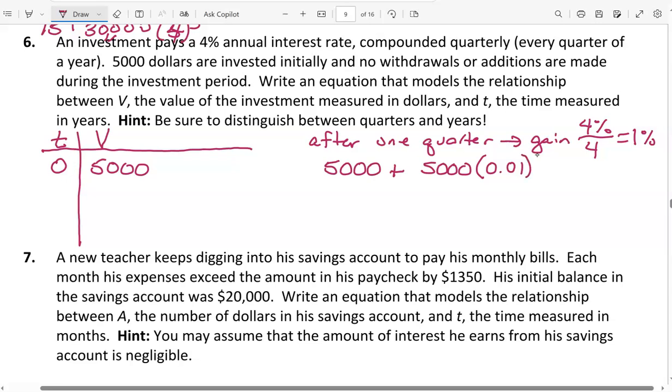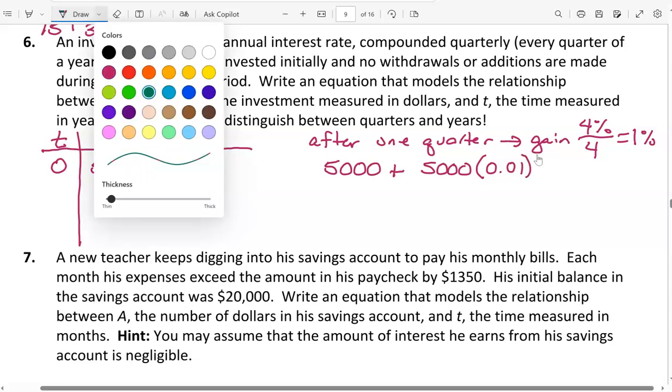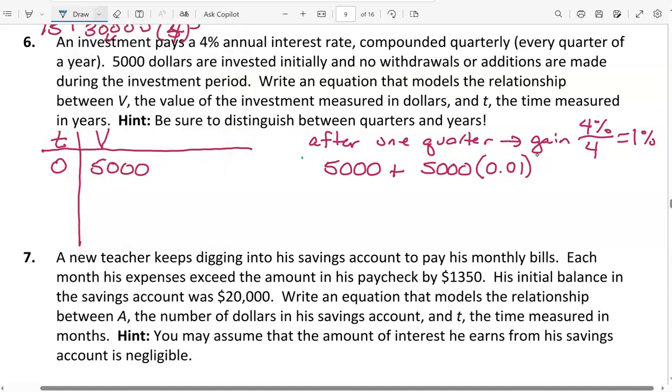0.01. Now I'm going to go back and put an implied multiplier here. That 5,000 that we're starting with is actually multiplied by 1.